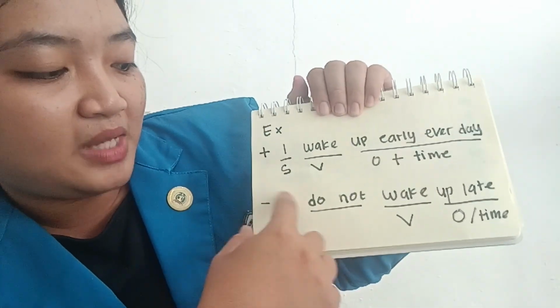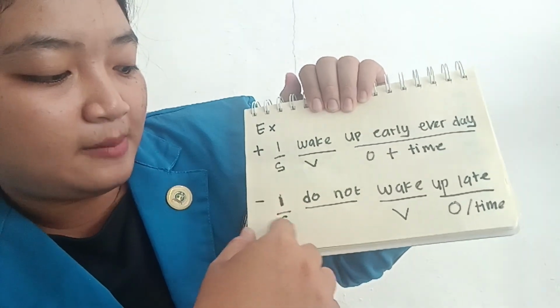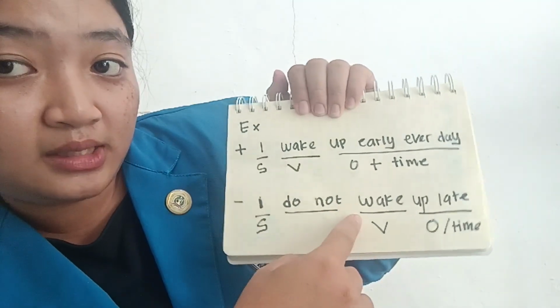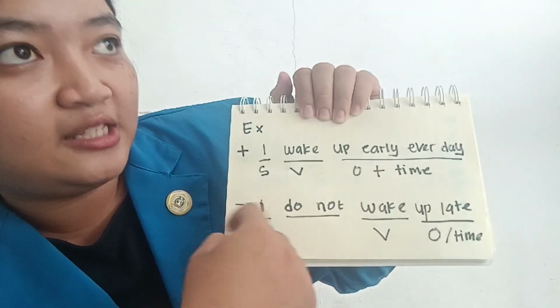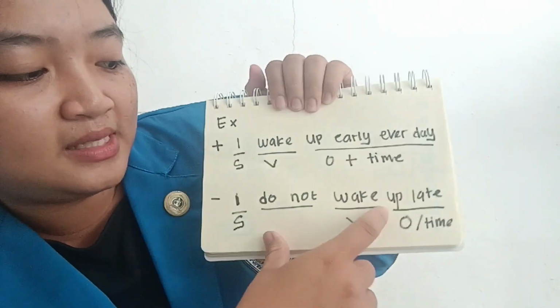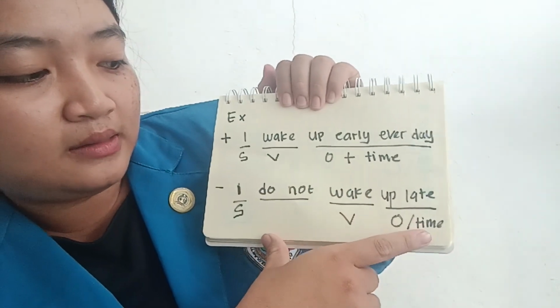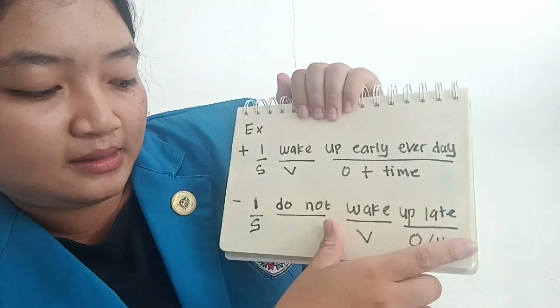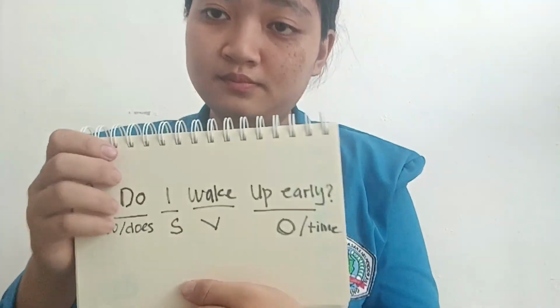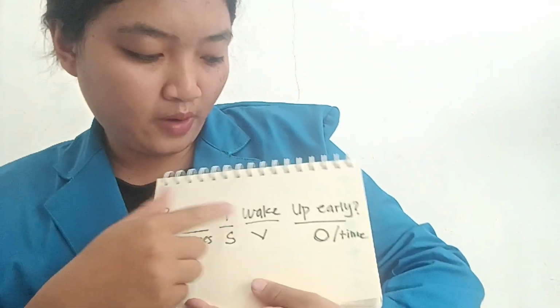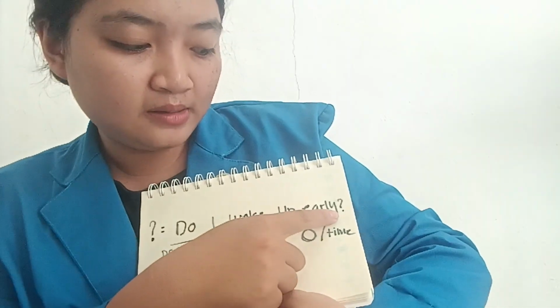For negative tense, the subject is I plus do not because this is a negative tense, and the verb is wake, and the object or time is up late. For interrogative: do I wake up early?